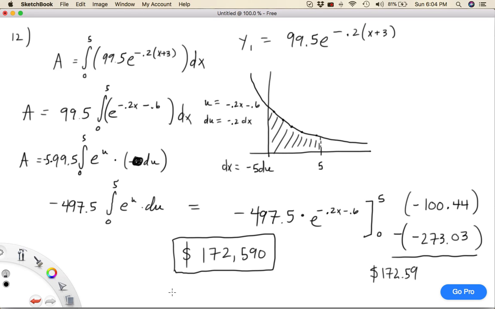Suppose that the money is worth 6% compounded continuously. What is the present value of the income stream over the next 5 years? And then what is the future value of the income stream over the next 5 years?